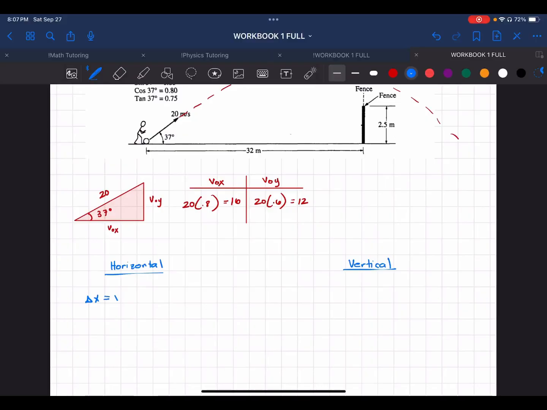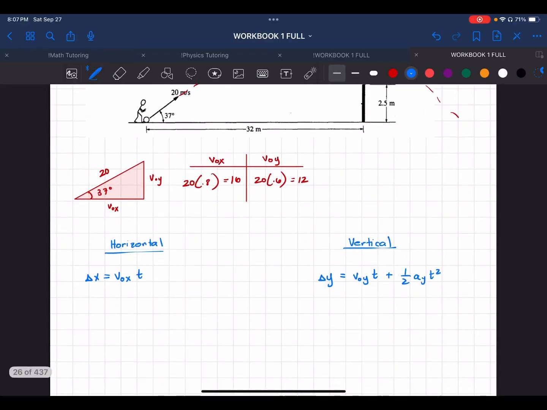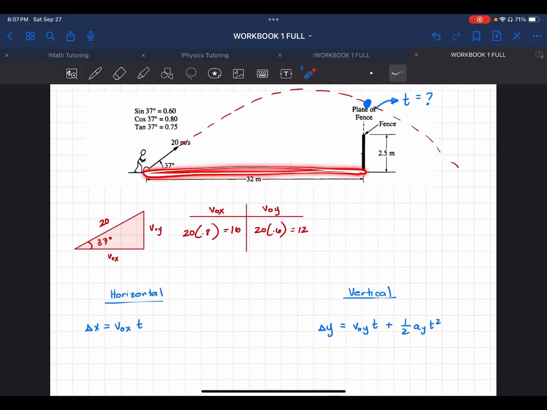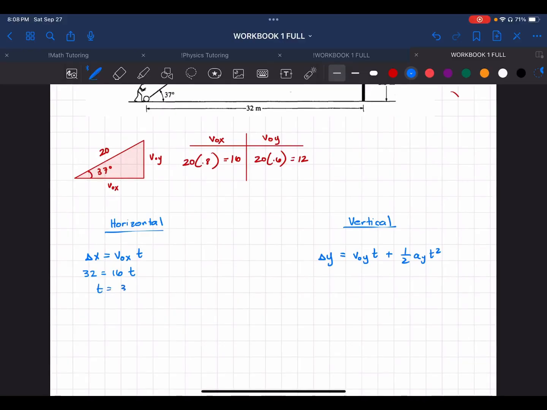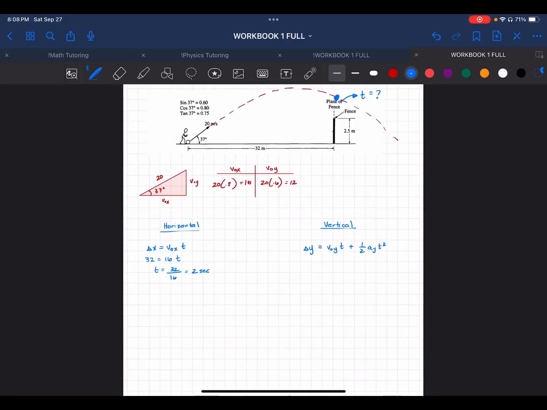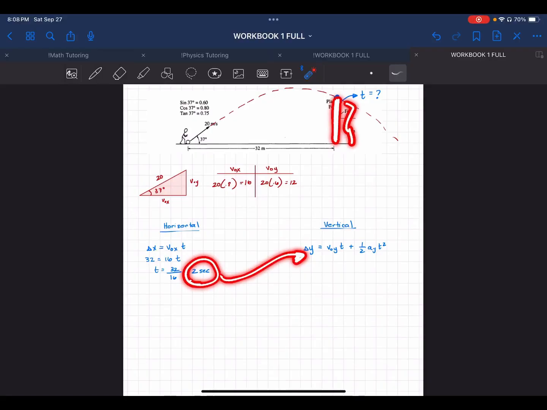Delta x is v0x times time, and the vertical is v0y t plus 1/2 a t squared. At that location, I know my delta x is 32 and I have my v0x, which is 16, so I can find the time. The time is just 32 divided by 16, which is 2 seconds. Now if I plug that time of 2 seconds into the vertical, I should be able to find that height.